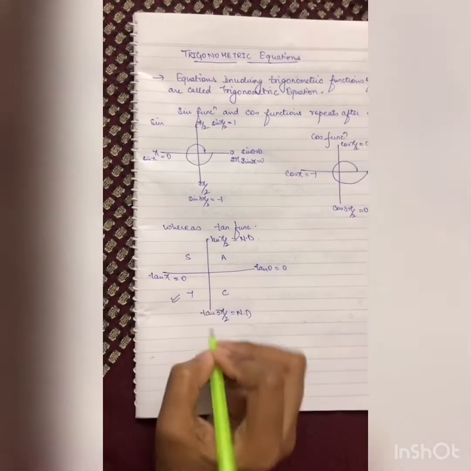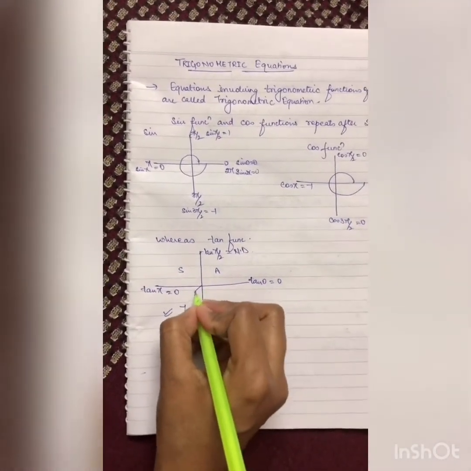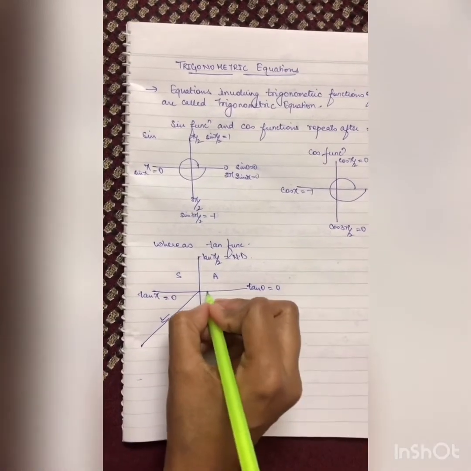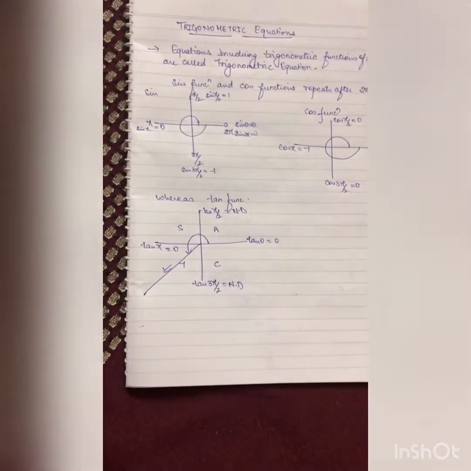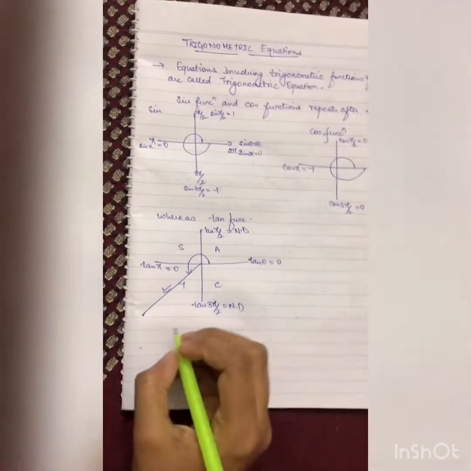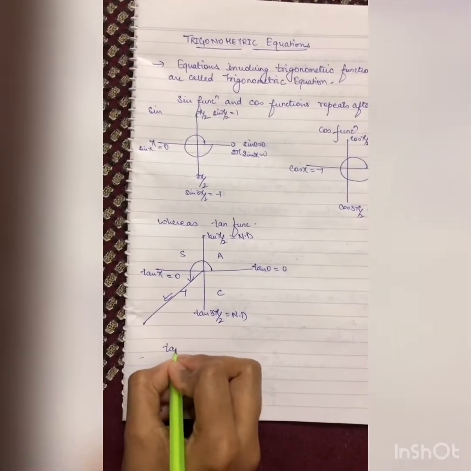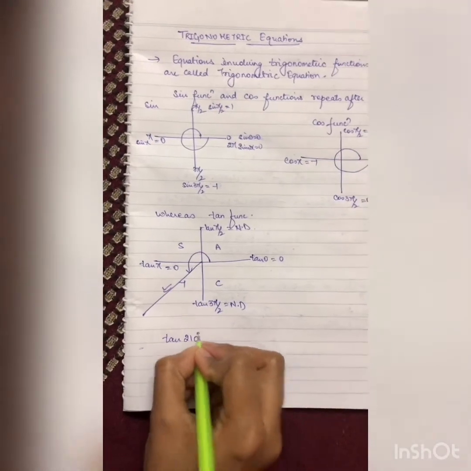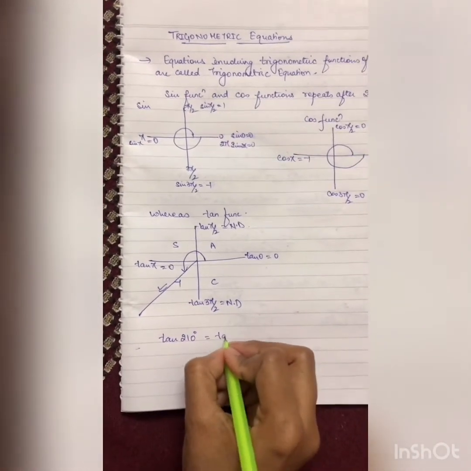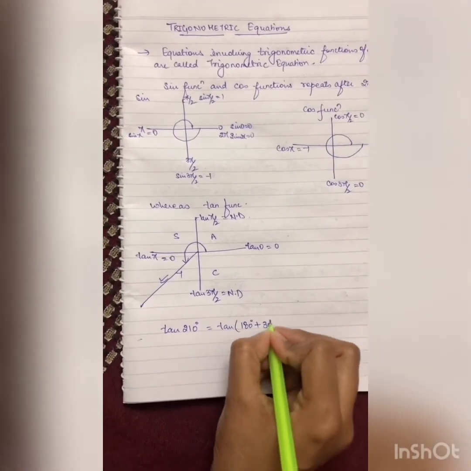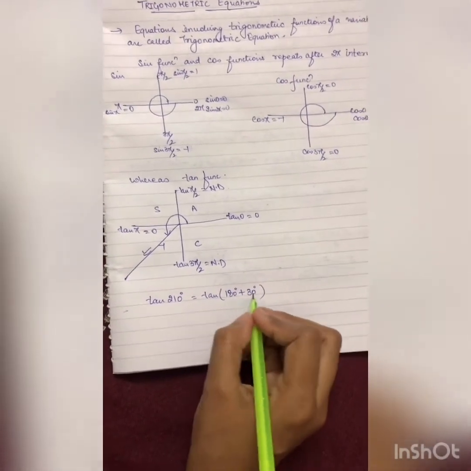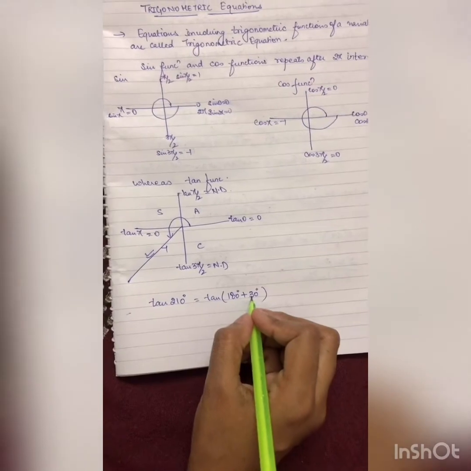So tan is positive in the third quadrant. Let me take an angle to be 210 degree. Any angle you can take, I have purposely taken 210. Now if I say tan of 210 degree, I can break it as tan of 180 degree plus 30 degree. 180 plus 30 is how much? 210 degree.